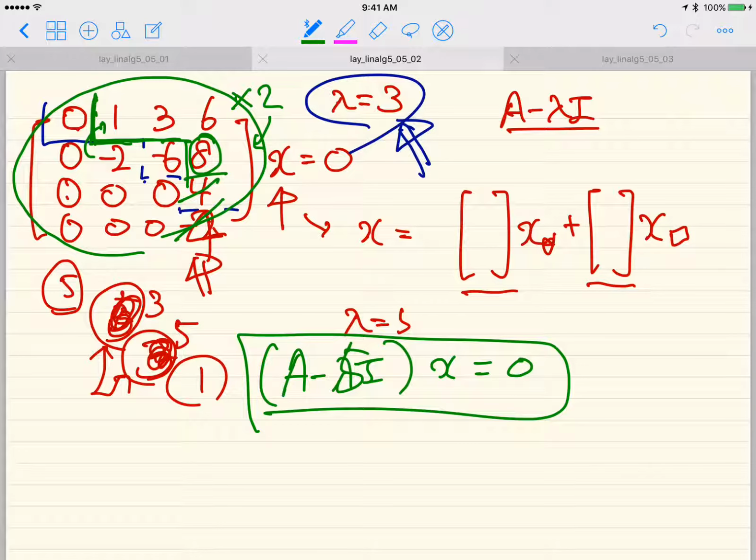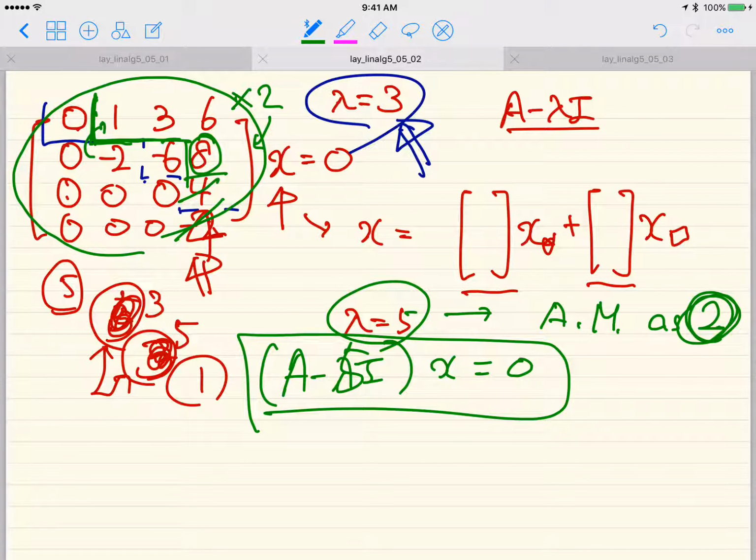It is never possible that this equation has 3 free variables, because lambda being 5 had algebraic multiplicity 2. So that is a little more practical meaning.